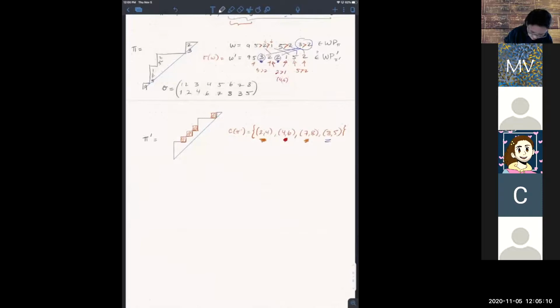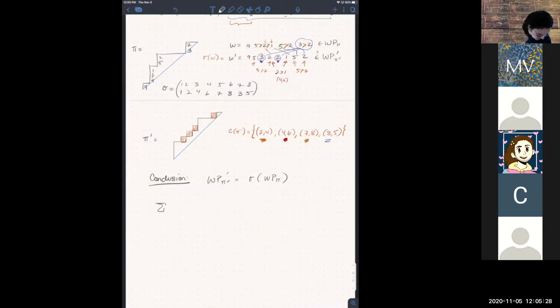So in conclusion, what we get is that basically WP prime of omega prime is really just sigma of word parking function. So it's sigma applied to this.